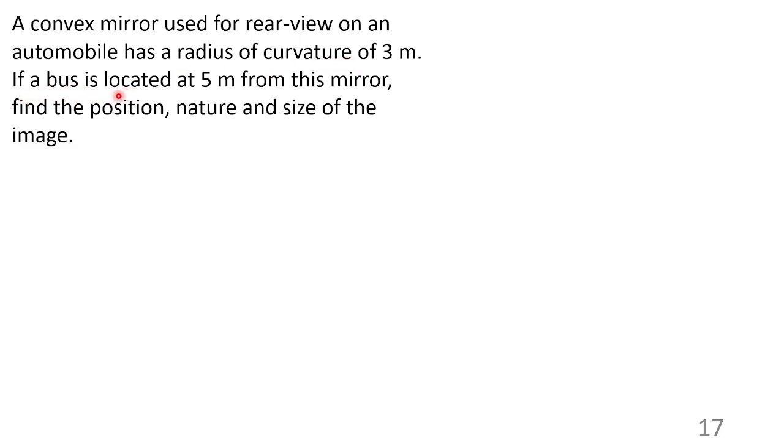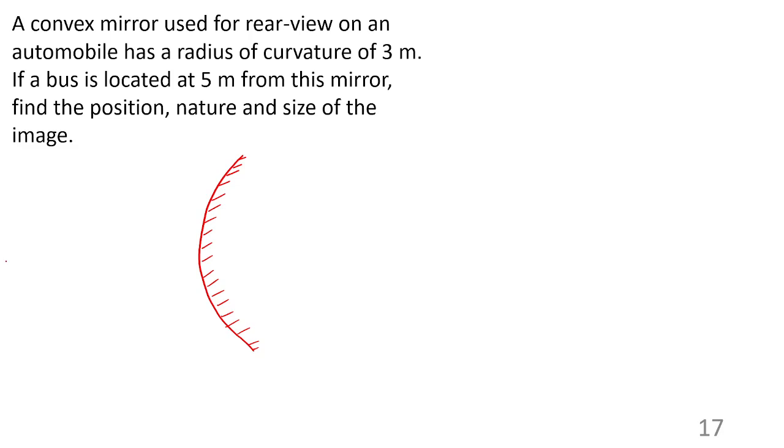If a bus is located 5 meter from the mirror, find the position, nature and size of the image. The diagram is not necessary to solve this question, but if you don't understand the question, it is better to draw the diagram. We have a convex mirror.